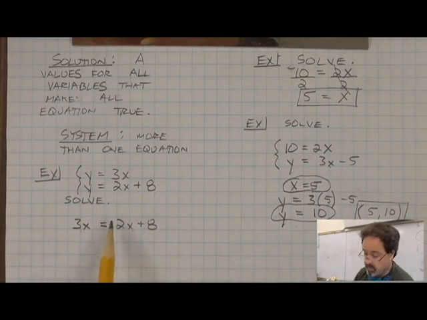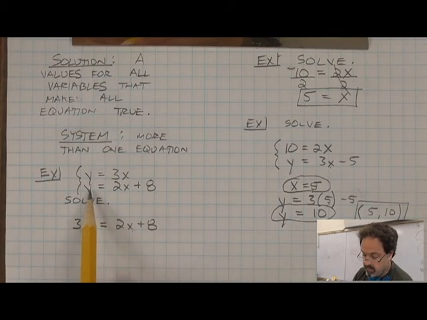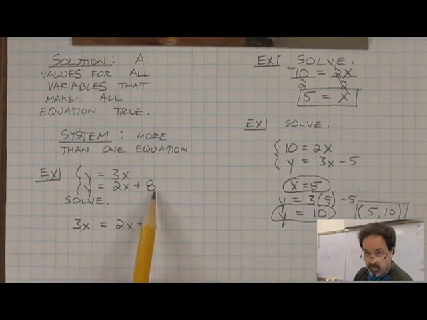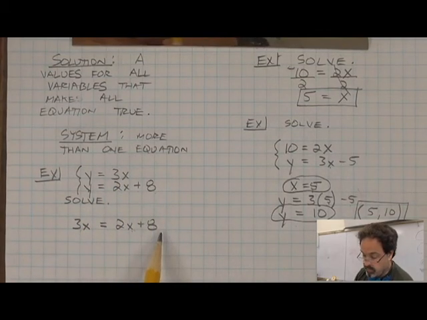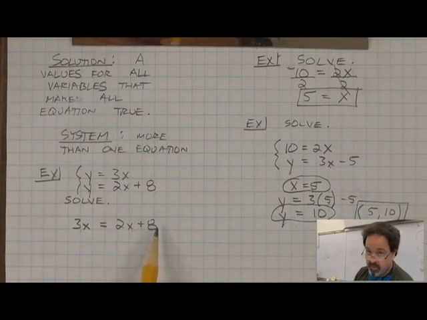Another way to think of that is I substituted the 3x in for y in this equation. And when I did, I rewrote it, and I noticed that there's only one variable in this rewriting of this equation. It's x. So I can use algebra to find x.